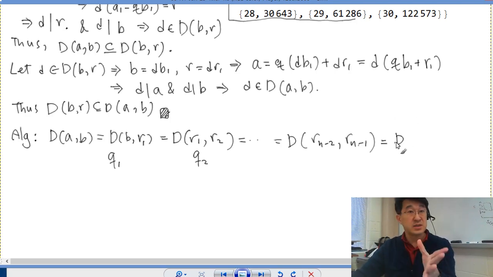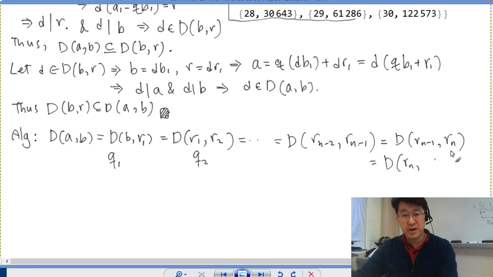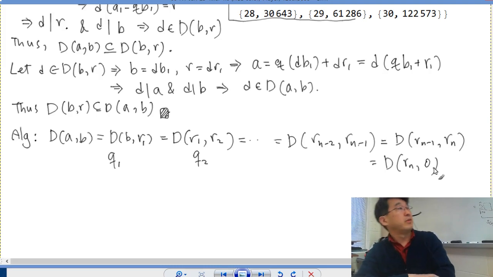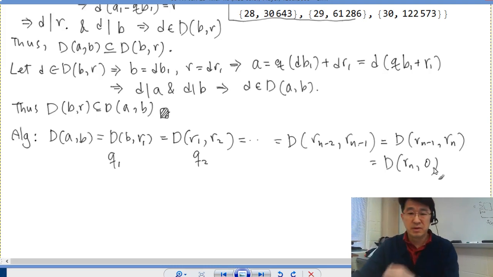So this is the last bit in here, Rn there. And if you divide that, you get 0 in there. I think they call that 0 there. I think that's right.